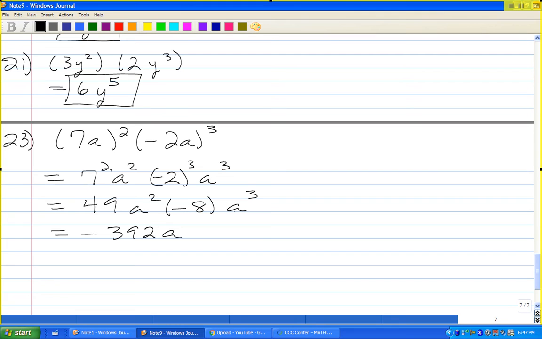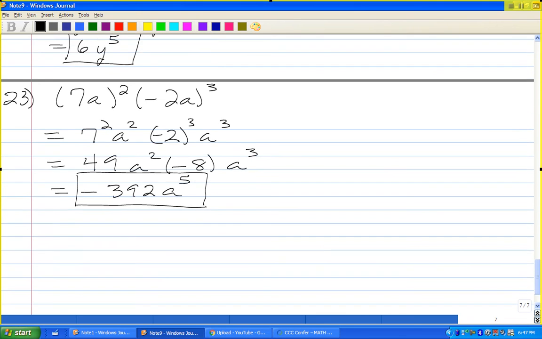I have the same base a, add exponents. 2 plus 3 is 5. And let me just check. Yeah. Okay, so negative 392 a to the power 5.